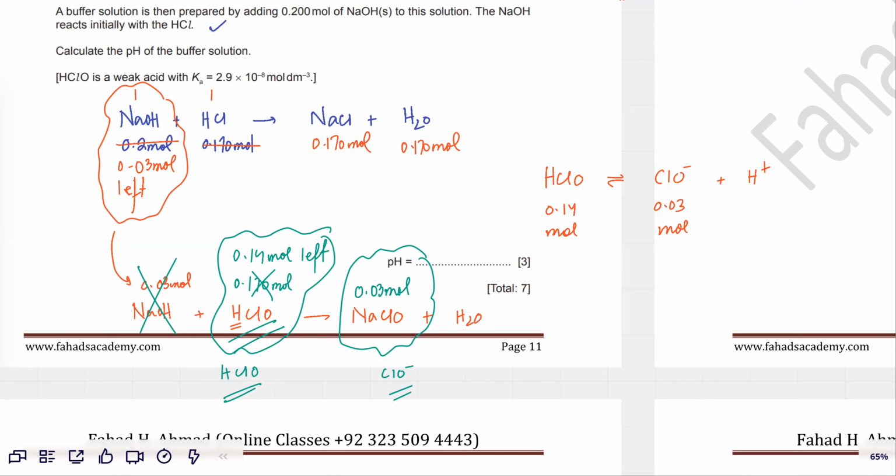Since it's an equilibrium reaction where the acid is dissociating, the same K would apply. The K value is already given as 2.9 times 10 to the power minus 8. Products over reactants, it's 0.03 times H plus 1 concentration, and the whole thing would be divided by 0.14.